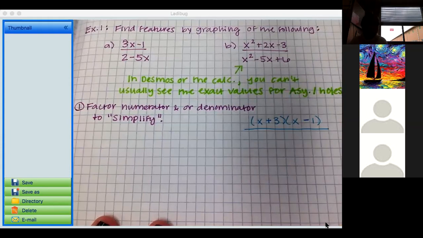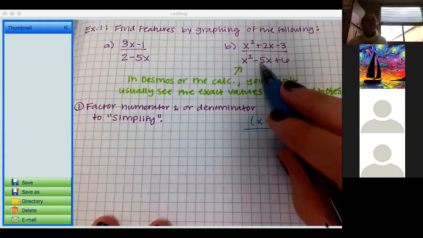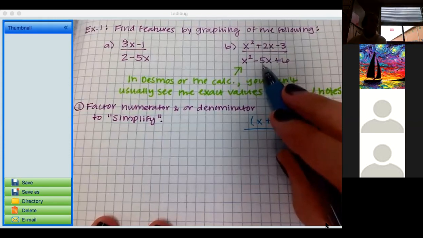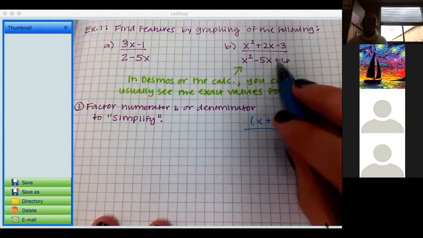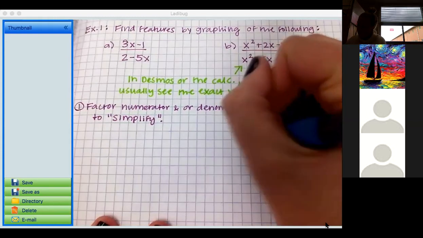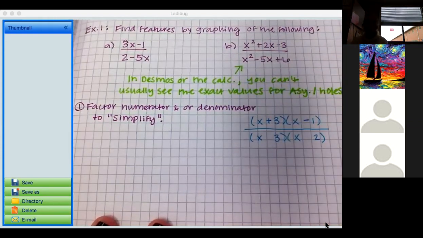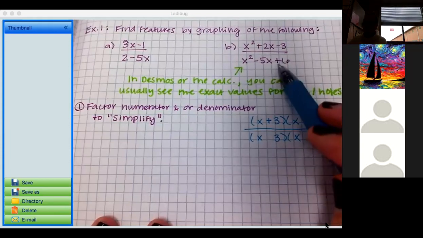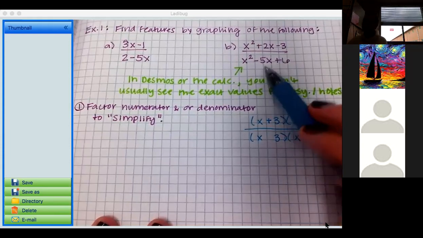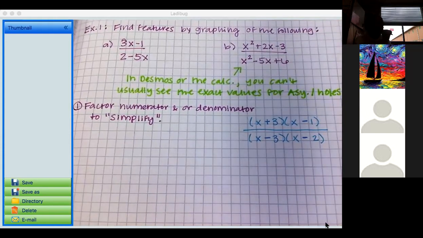In the denominator, factors of 6 that add to give me 5. It is not 6 and 1. So many of y'all missed this on the test because you factored 6 and 1. What are your factors of 6 that add to give you 5? 3 and 2. And they both need to be what since we're adding? They both need to be negative. Very good. Are we okay with that part?